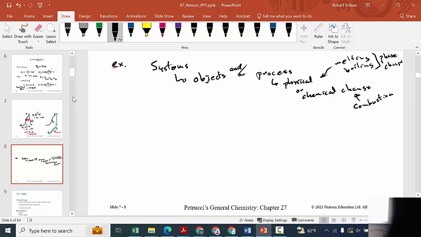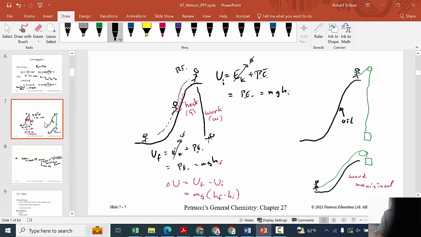The thing about processes is they have a finite life to them. And so this is a process here: sliding down the slide. Once you slid down the slide, are you sliding down the slide anymore?